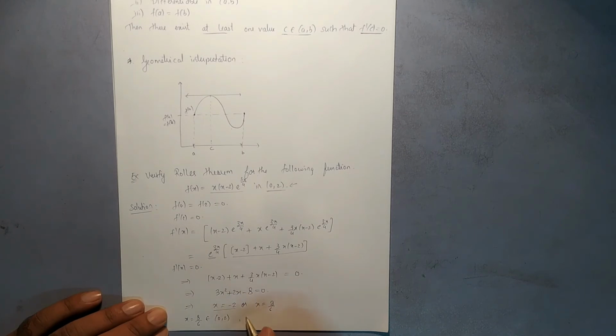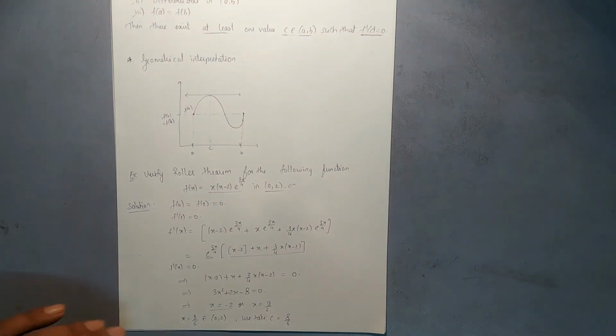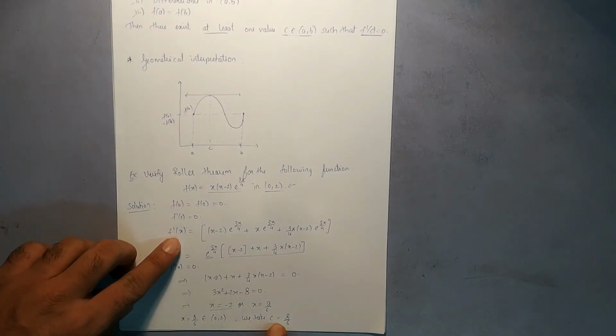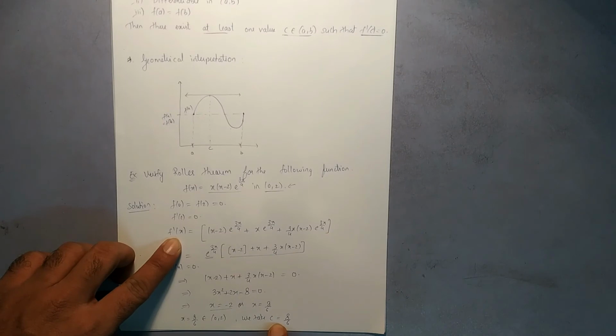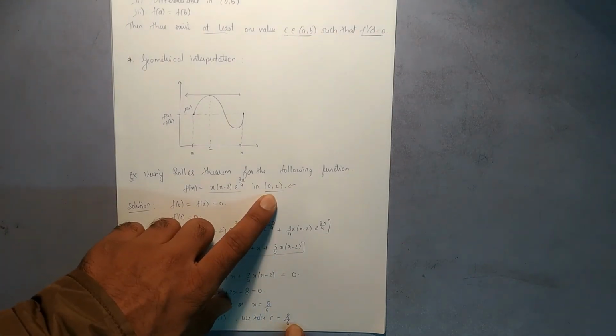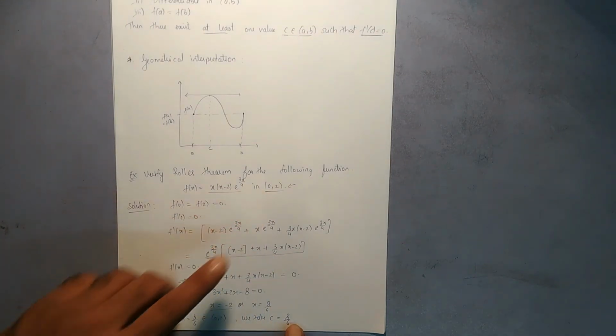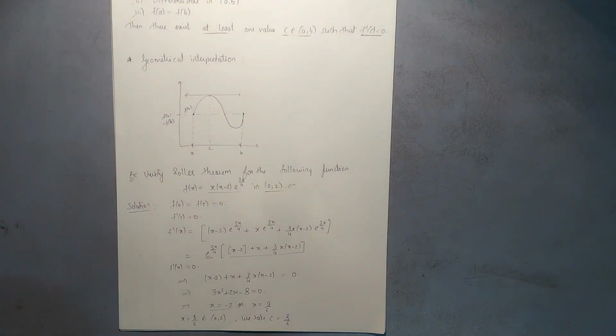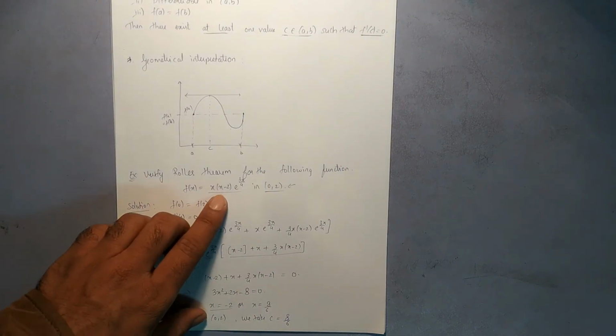So we can take c is equal to 8 upon 6. For this value c is equal to 8 upon 6, the function has derivative 0 at this point, and this point belongs to the open interval (0, 2). So we have verified Rolle's theorem for this function.